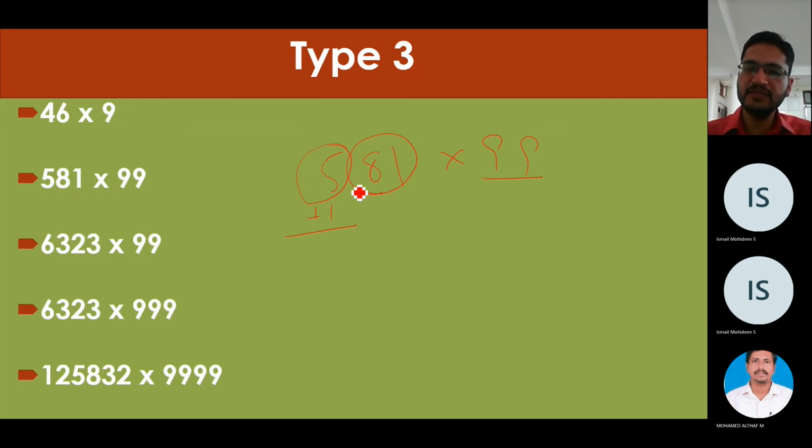Now in the second step, I will subtract 6 from the whole number. So it is 575. Now I will find the complement of 81. So the complement of 81 is 19. So the answer is 57519.